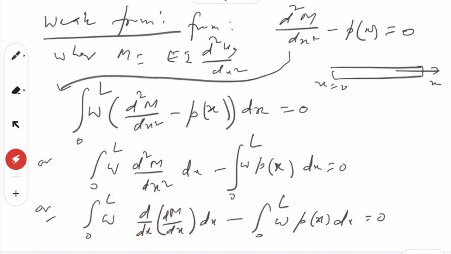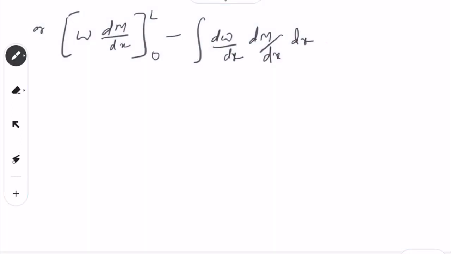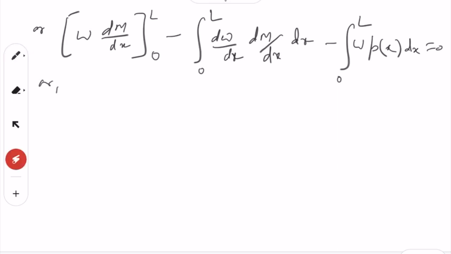Now the remaining is this one, so we write minus the integral from 0 to L of w px dx equal to 0. Here we can expand.